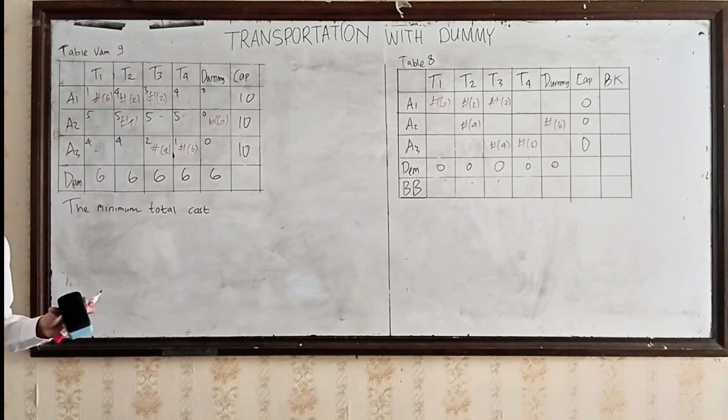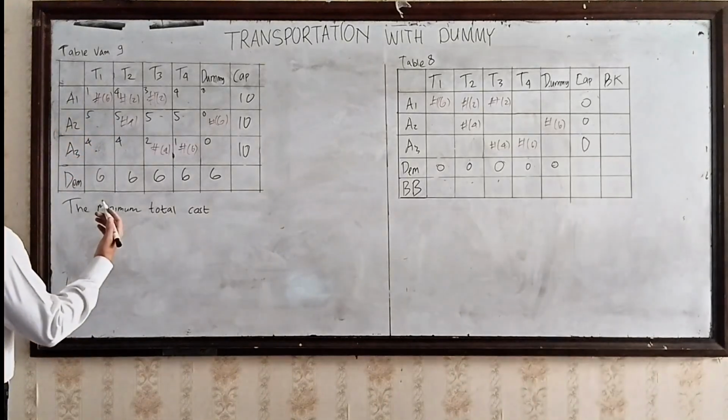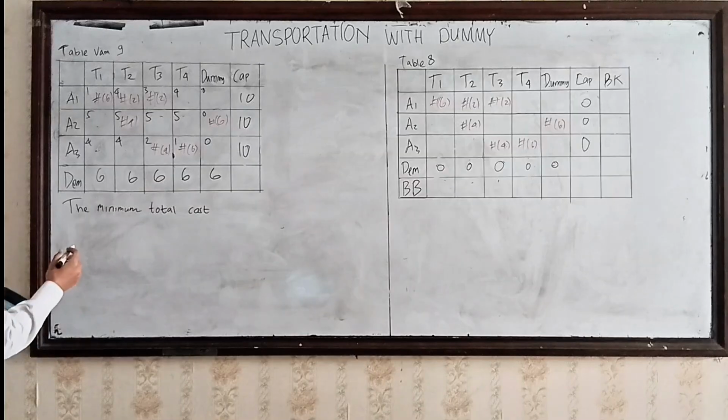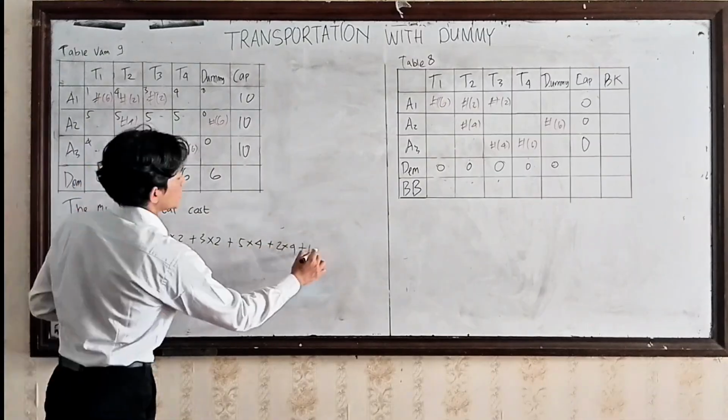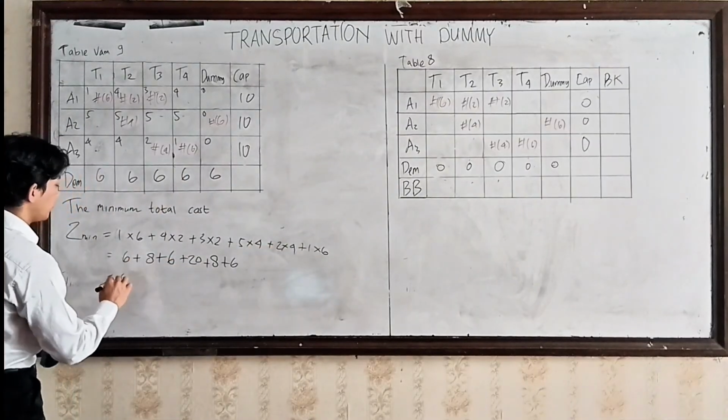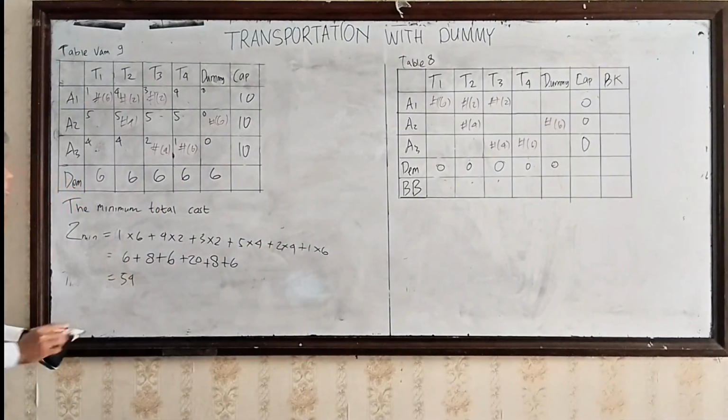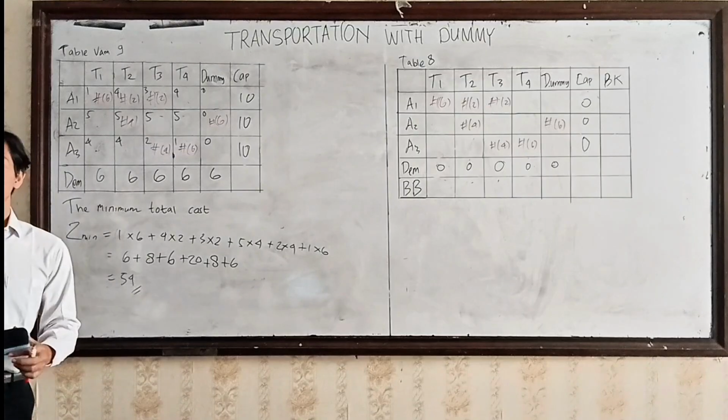So we want to find the minimum cost for this initial program by just adding all the costs, and we have 54. So now we know the minimum cost for the initial program is 54.